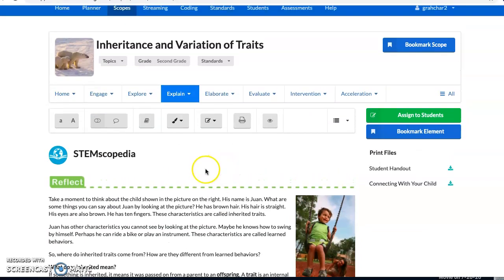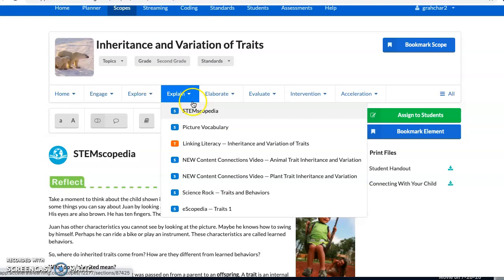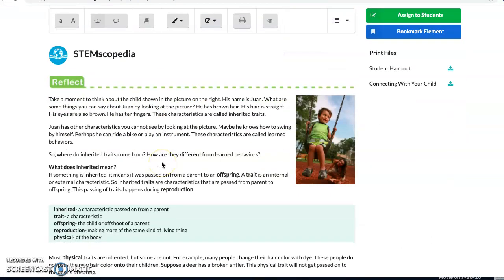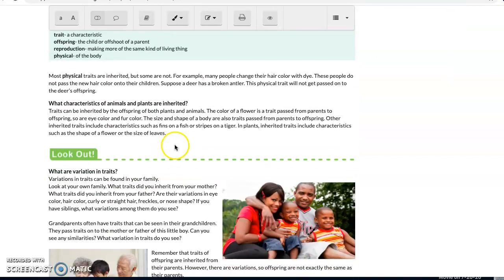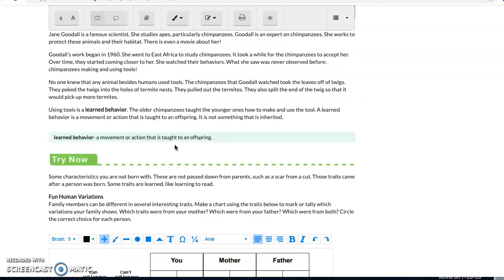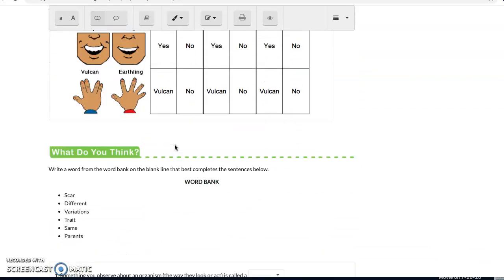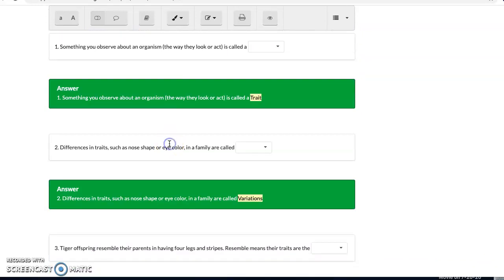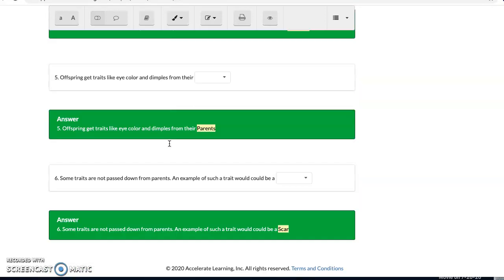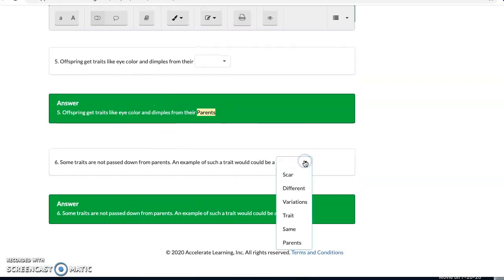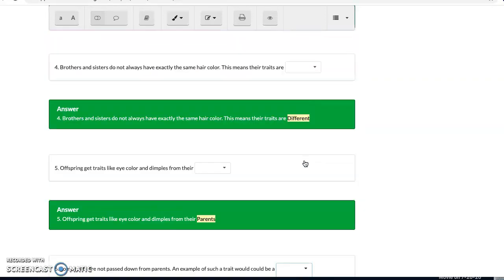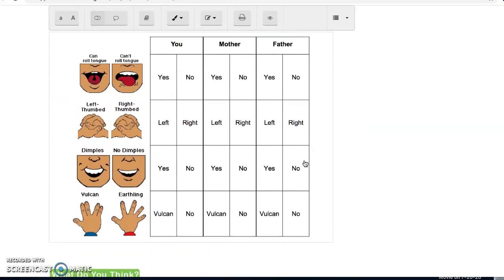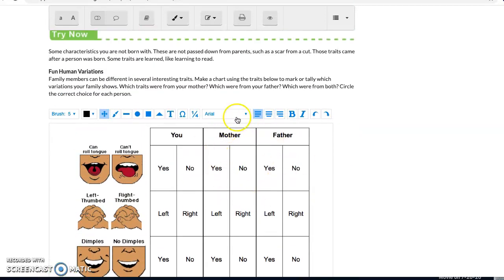So this that you see here, of course, that's an S for student. So this is what it would look like on a computer or an iPad or something for a student. And you can see that there are places for them to select answers here. And to manipulate this graphic as well.